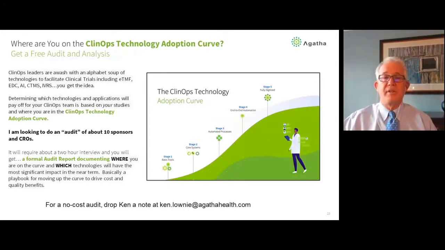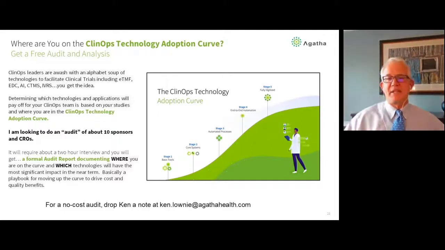And out of that, I'll deliver to you a formal gap analysis document and recommendation on investments that will pay off the most in your organization to take you from where you are to where you want to go. I have to make you a commitment because I run a software company. This will not be me trying to get you to buy my software. If you decide you like my software, that's great, and we'll do that. But this is more on my professorial side. I'm a frustrated college professor, meaning I'm not one, and I wish I was. So this is my way of doing that.